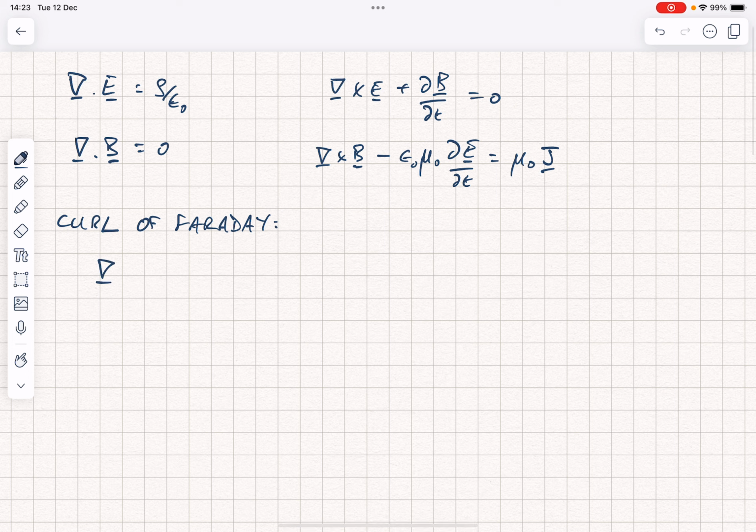And what we find is the following. We have the curl of E plus, I'm now going to change the order of the differentiation, d by dt of curl B is equal to 0.